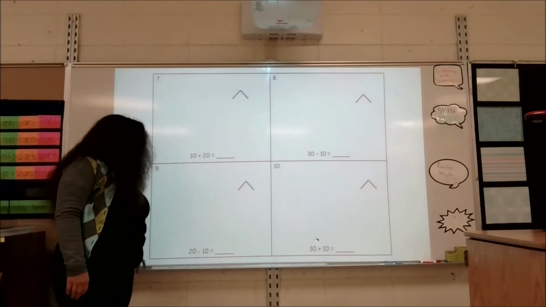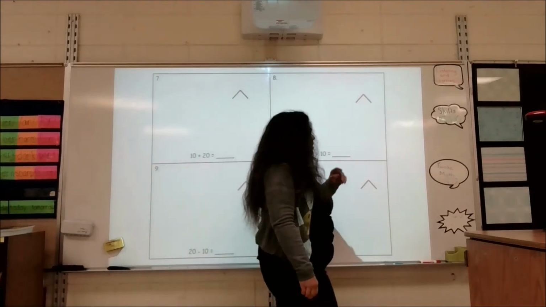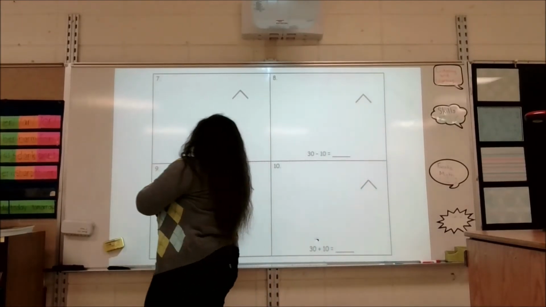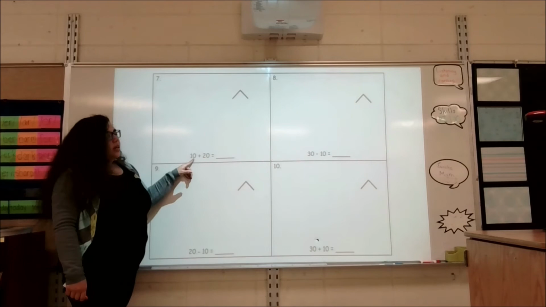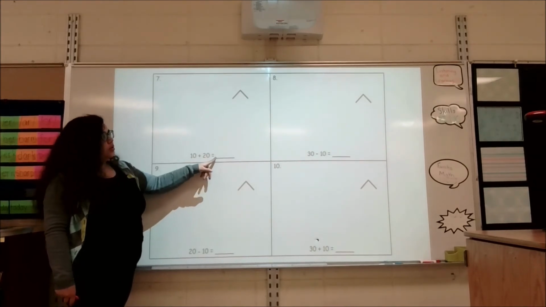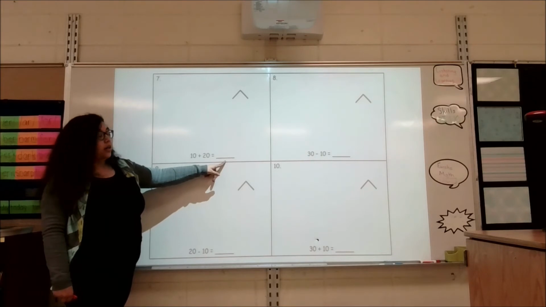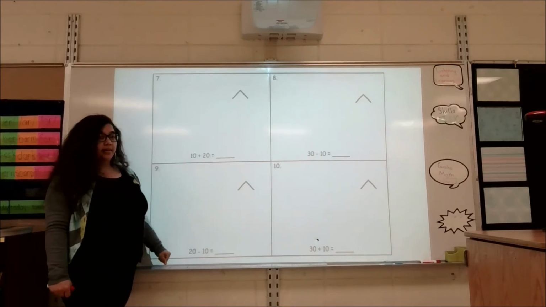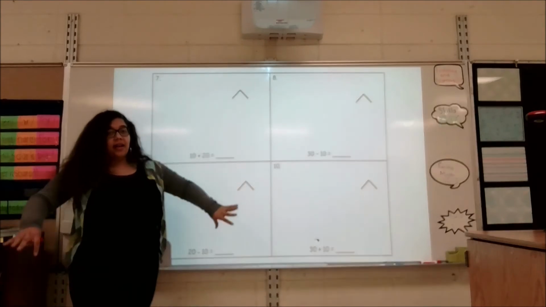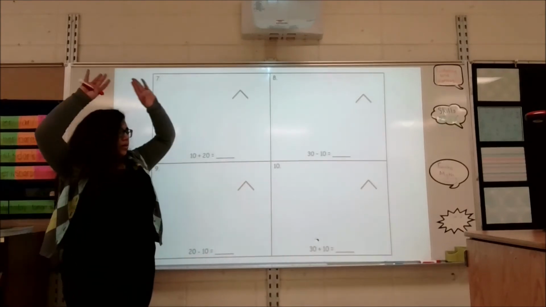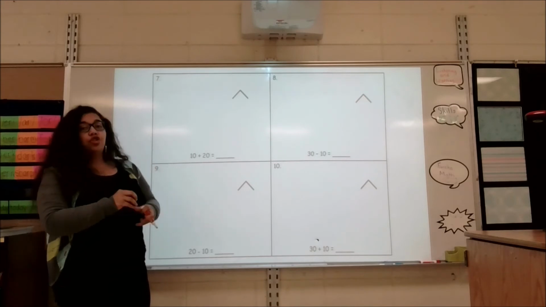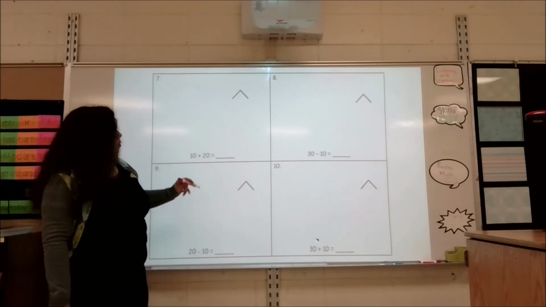So, given what we have here, let's read the number sentence as it is given. 10 plus 20 is equal to blank. Good. So are we adding or subtracting? We are adding. We're putting the parts together. Good. Let's draw to represent the parts, please.